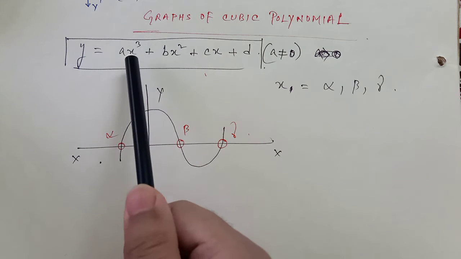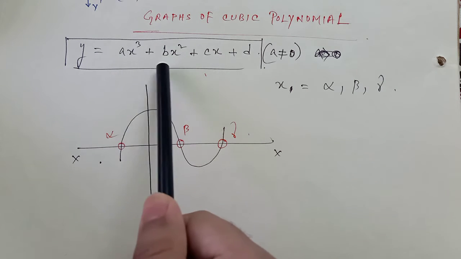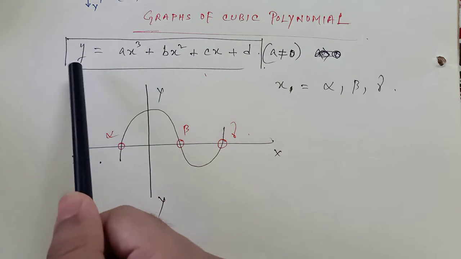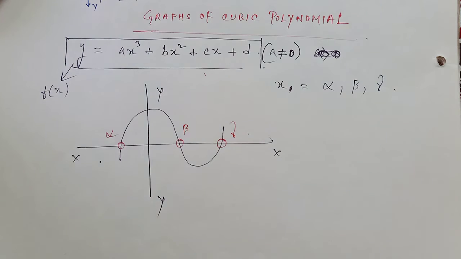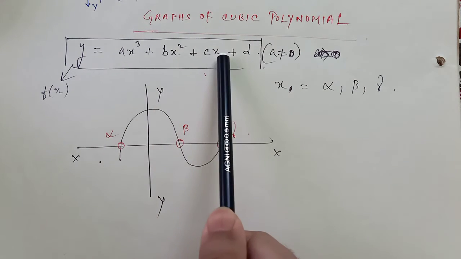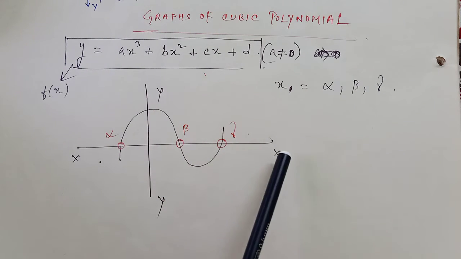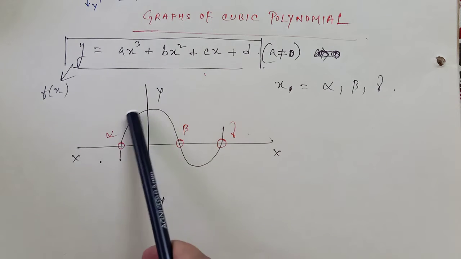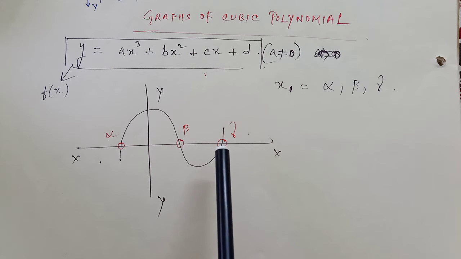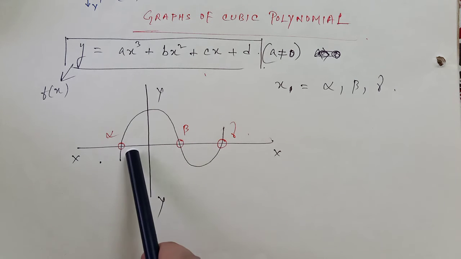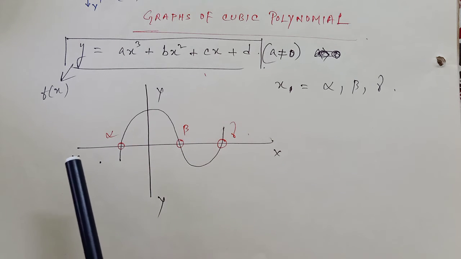In this case x is your independent one, because this y is nothing but f of x, that is function of x. So on the x-axis you have to see where the curve is coinciding, and in how many points. Those points are nothing but the zeros of this polynomial.